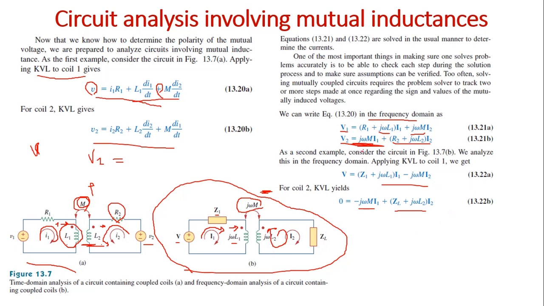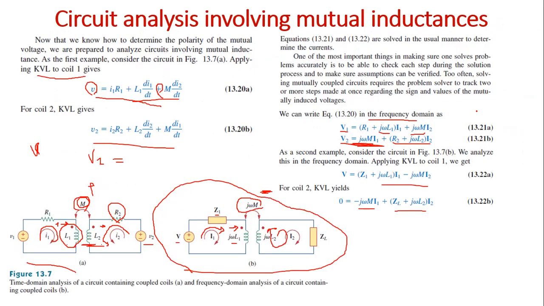Okay, so this is how we write the analysis equations. Then as usual we can solve these equations. Okay, we know the values of V, I, Z, L. Then we can solve for these equations.